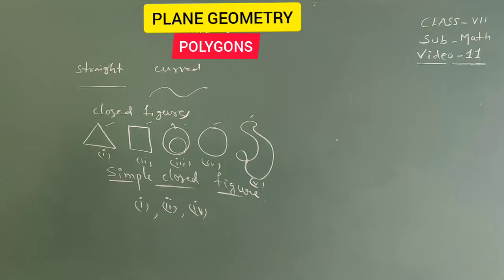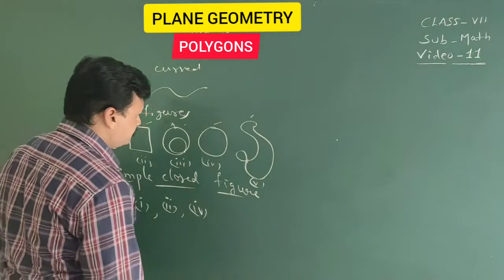While in the case of simple closed figures, this is the extra required condition: the initial and end points are the same, and there is no other point of intersection. These figures are called simple closed figures.